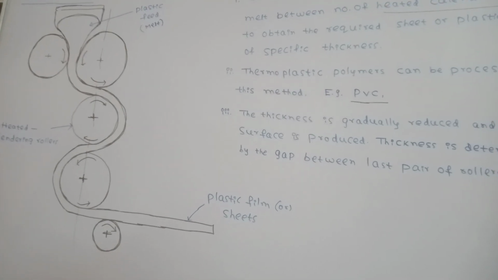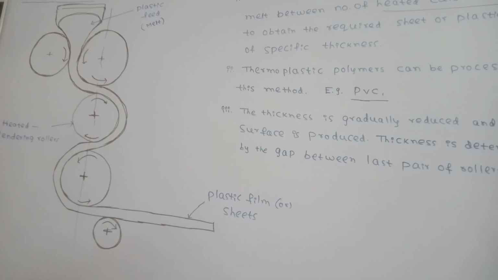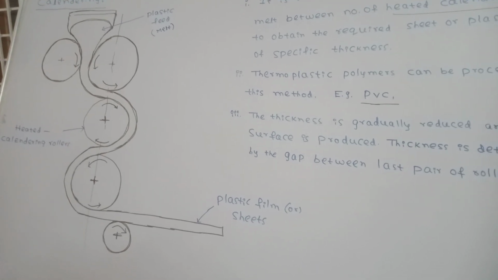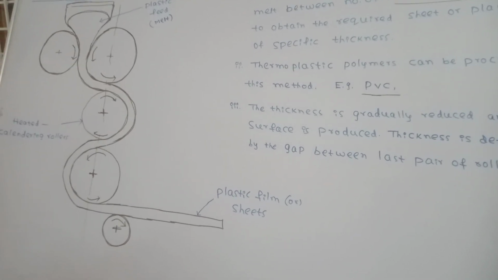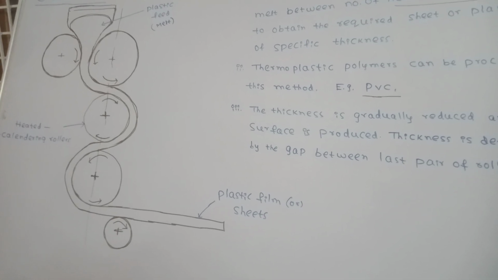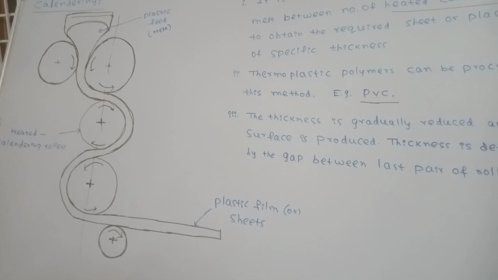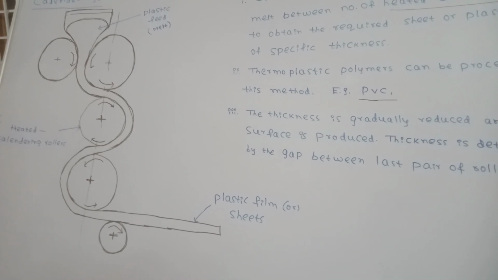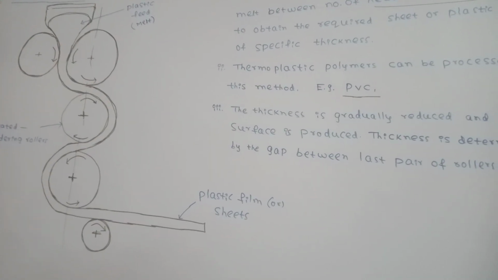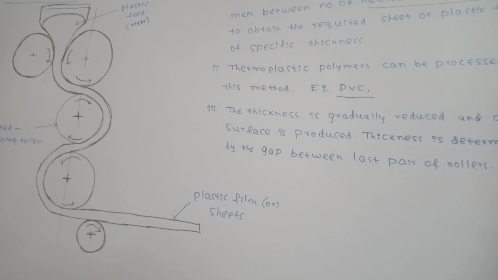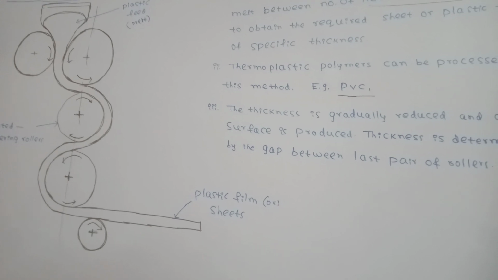The material may be passed between any number of rollers, depending on the thickness we want: initially how much thickness is there, what the final thickness is, what the speed is, and what the material is. These are all the factors by which we can find the number of stages and number of rollers.